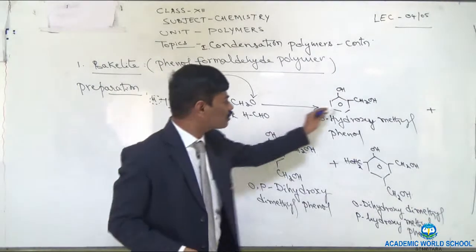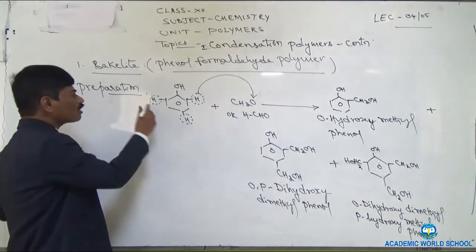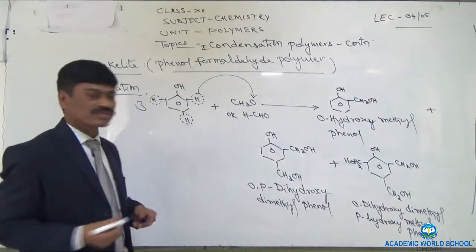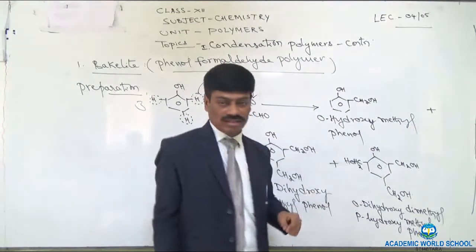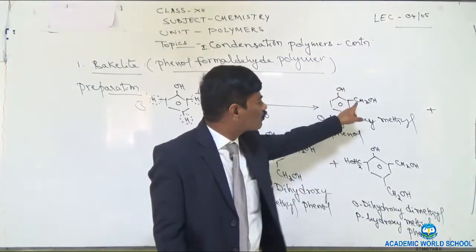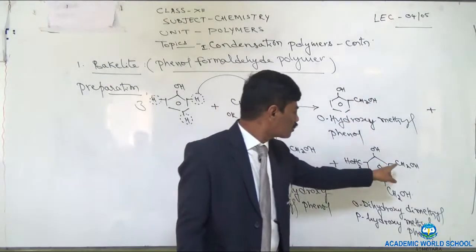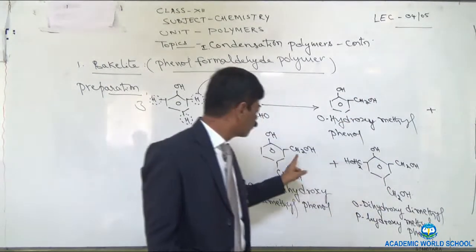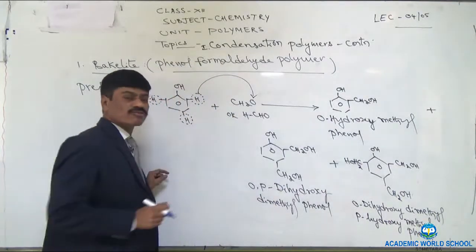Here you have altogether three benzene rings, and here you have only one benzene ring. So to balance it, we write 3 here. Second point, side chains. If you observe, there are 6 carbon atoms. One carbon atom in one CH2OH group, right? Second, third, fourth, fifth, sixth. 6 carbon atoms. And second reactant has only one carbon atom.